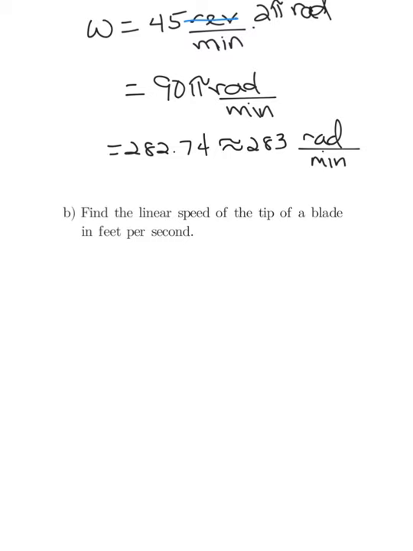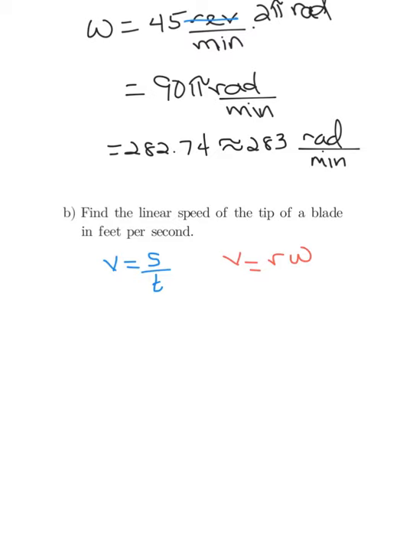Linear speed is the letter V. We have 2 formulas that have V in them. We have V equals S over T, or we have V equals R times omega.